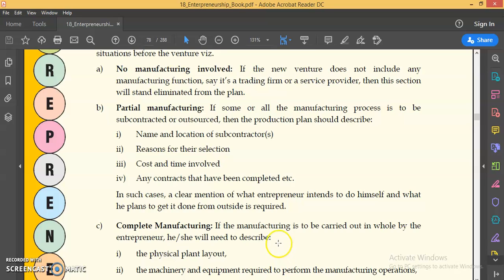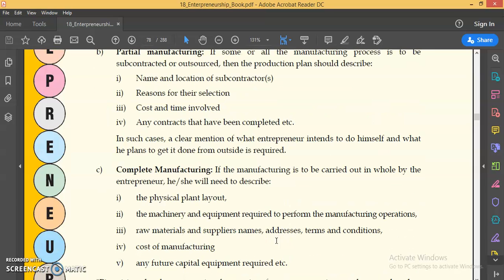Then we go to the third type. Third type is complete manufacturing. So in the production plan, if you're going to manufacture fully, then what all do you require? If manufacturing is to be carried out in whole by the entrepreneur, he or she needs to describe the physical plant layout, the machinery and equipment required to perform the manufacturing operations.